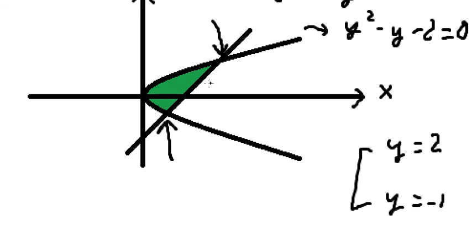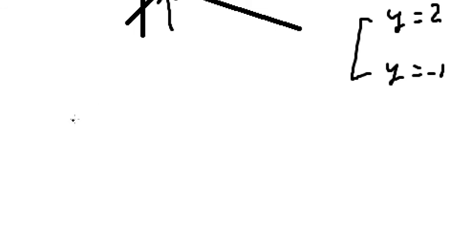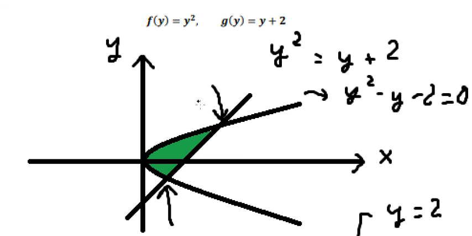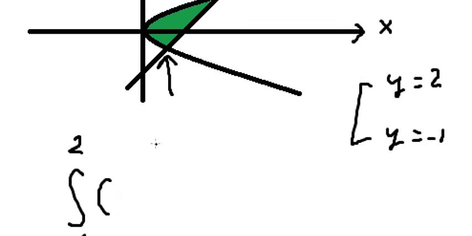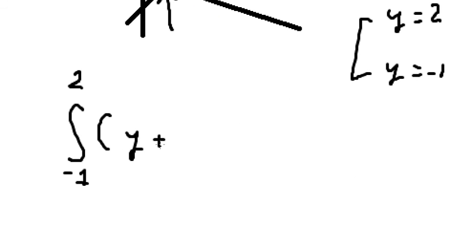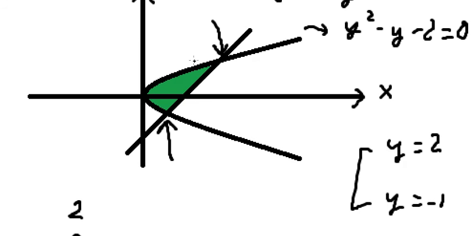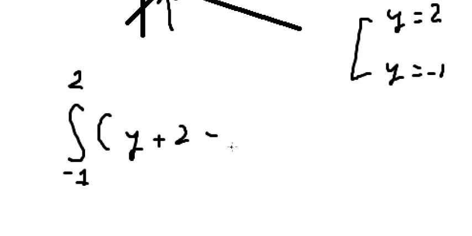Now if we look on the graph, we can see that the line is above the curve in here. So the integration should be from negative number 1 to positive number 2. We have y plus 2, that's the upper, minus the lower, that's y squared in here.